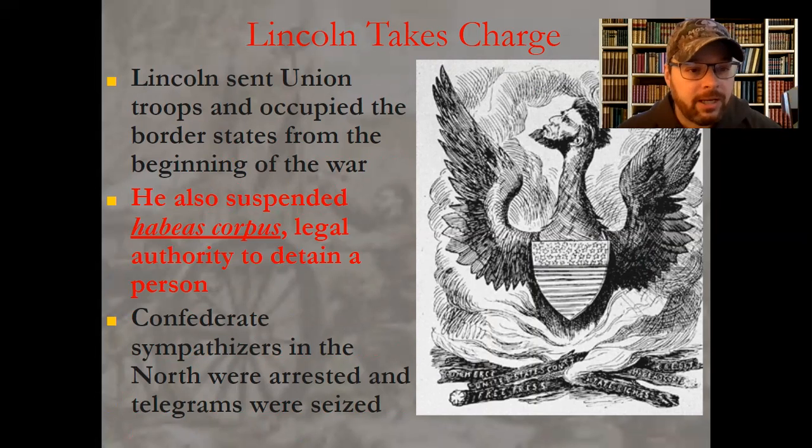You can't be held against your will without cause, without a trial, so basically suspending habeas corpus takes away your rights. It was a big mistake because it really upset a lot of people. Confederate sympathizers in the North were arrested and telegrams were seized. Again, even though they might have been Confederate sympathizers, they were being held without a trial.